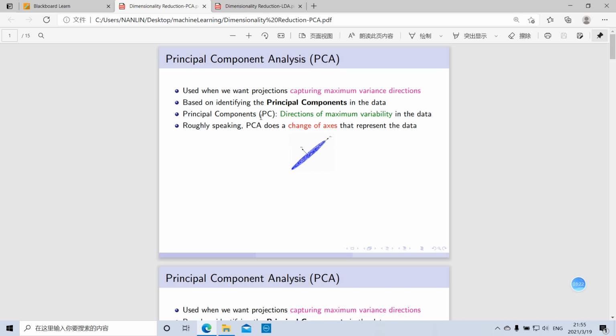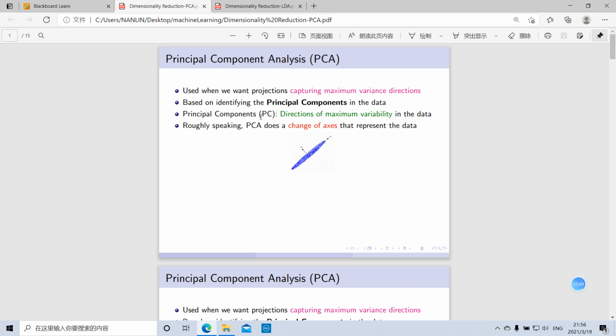So how can we achieve that? Our approach is to find projections that capture the maximum variance directions. In the previous video, we have seen we can change the location of the axes relative to the data.